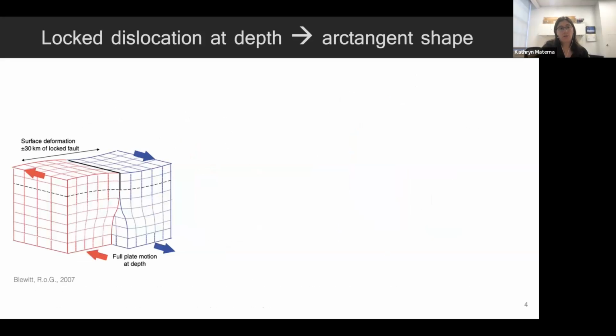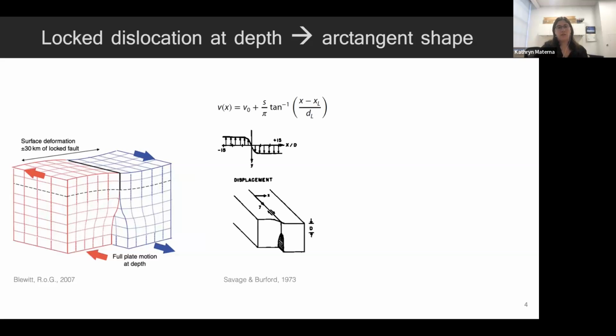An important thing to know about locked regions on strike-slip faults is that they can be modeled as elastic dislocations, and this style of deformation results in an arctangent shape in the measurements that we make of displacement or velocity at the surface. The theory for this was laid out quite a while ago, and the arctangent function, which depends on the slip rate and the locking depth, was hypothesized for displacement patterns across locked strike-slip faults.